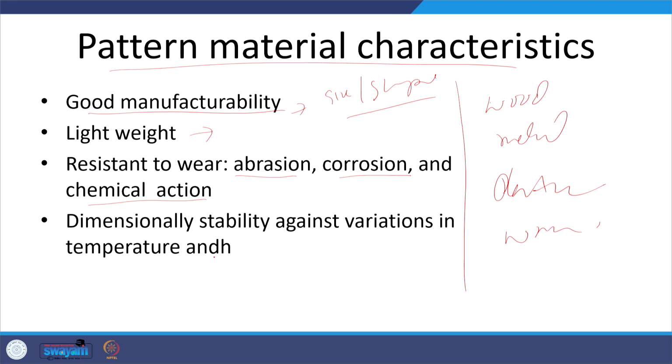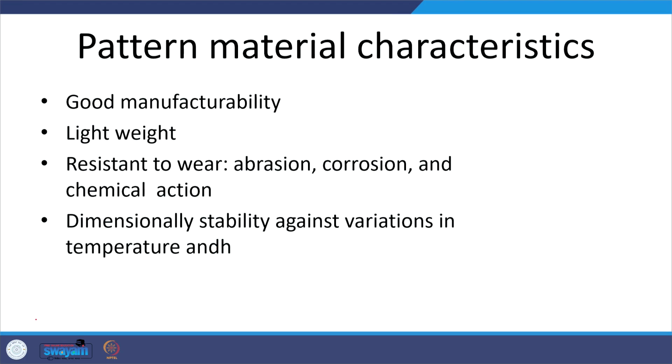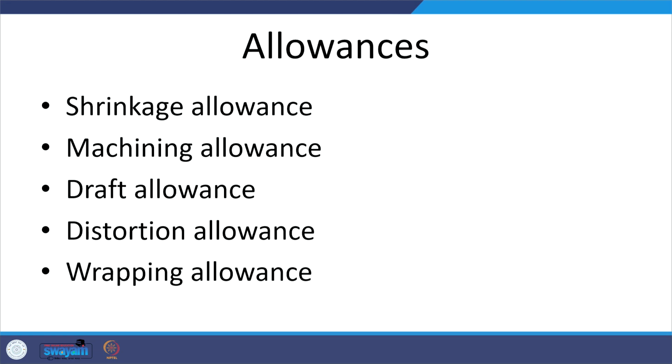Okay. And then dimensional stability against the variation in temperature and moisture. So, the dimensions should not change, because if the dimensions change, then the mold size and shape will change, and that in turn will result in a casting of the size and shape that is not desired.